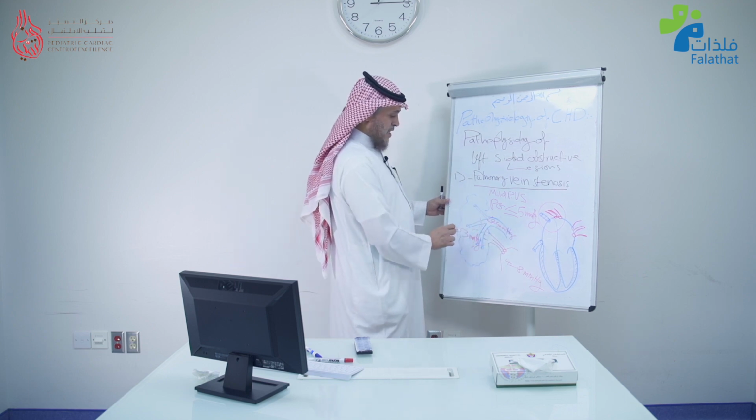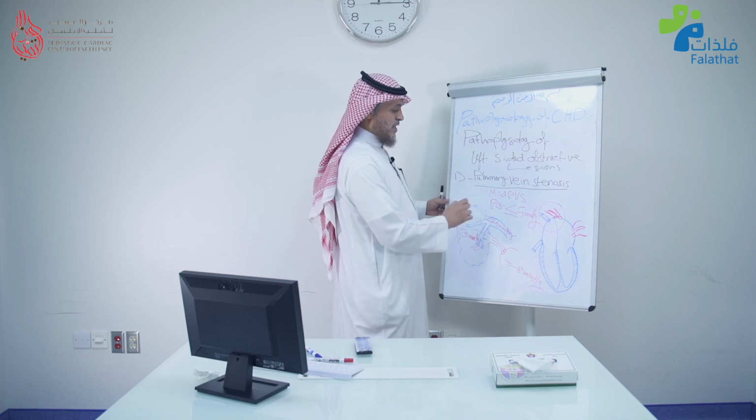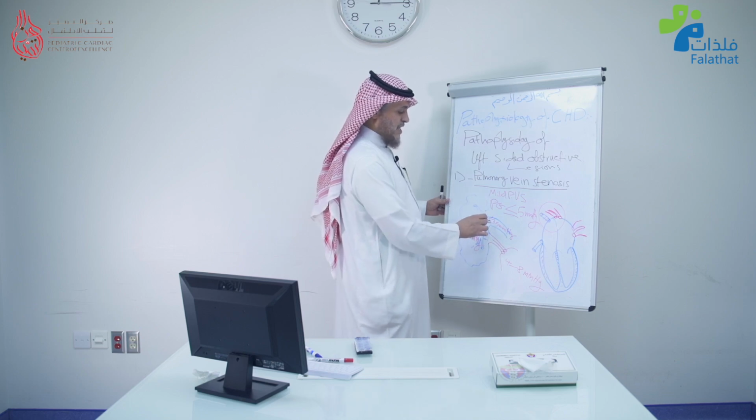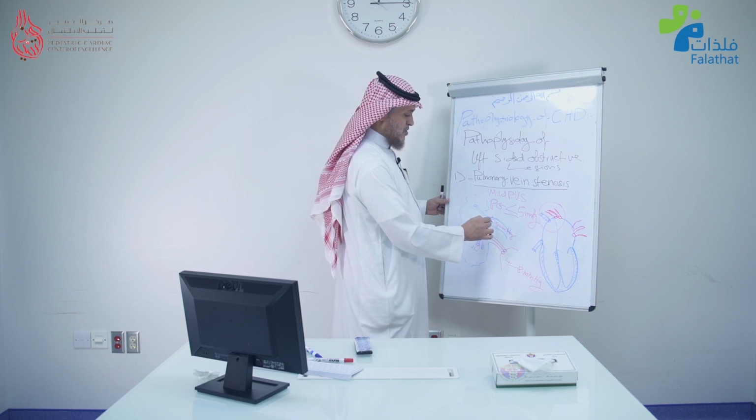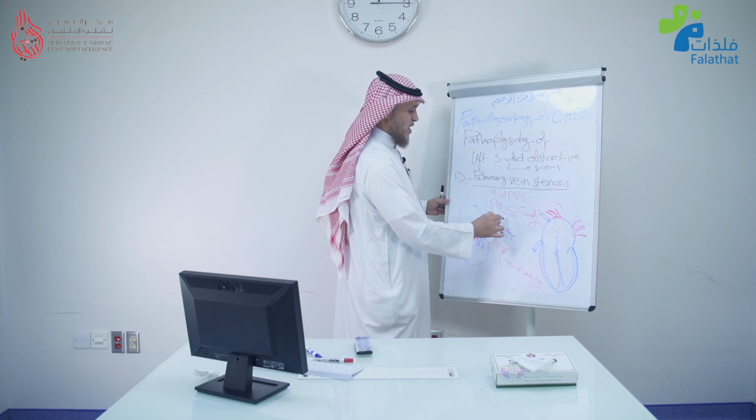Still, the pressure here, the back pressure, is much lower than the pulmonary artery pressure. Usually the diastolic will be 10, and then the mean pressure here will be around 15 to 18 millimeters of mercury.